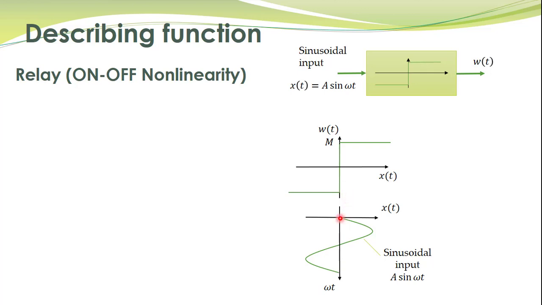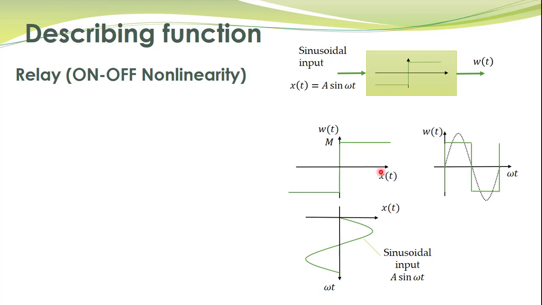So from this time instant to this time instant, x of t is positive. It means that output will be plus m, and from this time instant to this time instant, this input is negative, and the output of this nonlinearity will be -m.